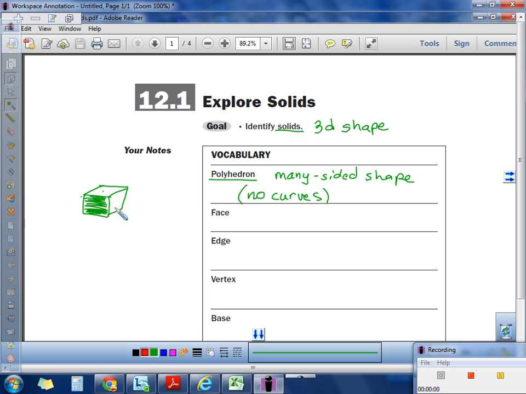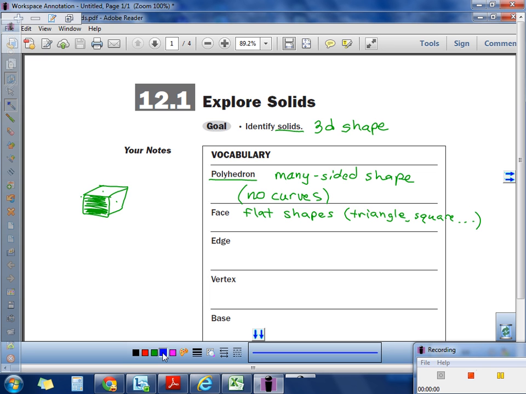Here's another face and another, and then it has even more that you can't see right now. So the faces are the flat shapes, and those shapes are typically like triangles, squares, and so forth.